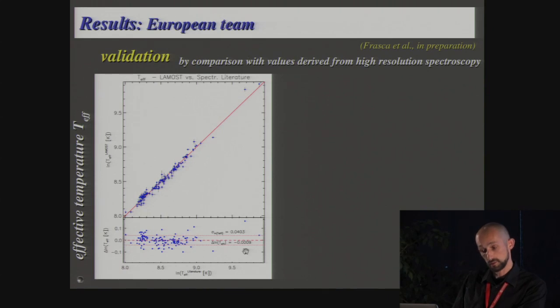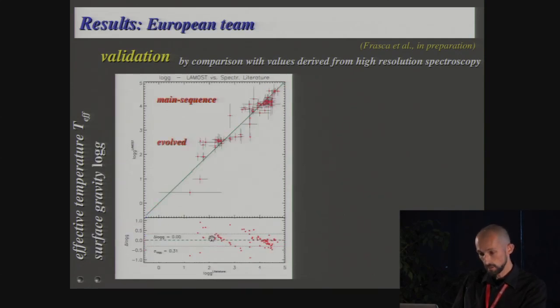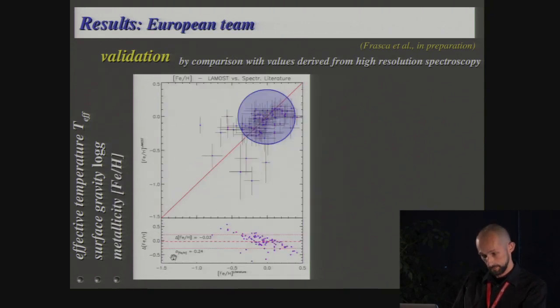So the mean difference is about 0, and you can see here that the error basically is about 4% between these two. This is a situation for gravity, and you have the impression that there are two clouds here, which is a reflection of the use of our library, basically, because it contains main sequence stars and evolved stars, and that is reflected here. And the sigma in this case is about 0.30 dex.